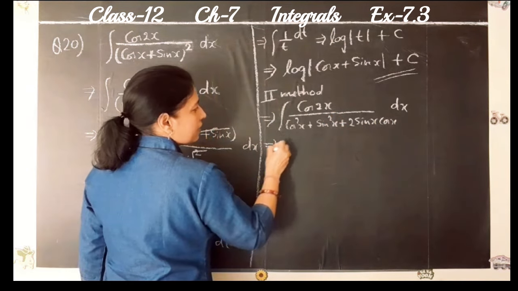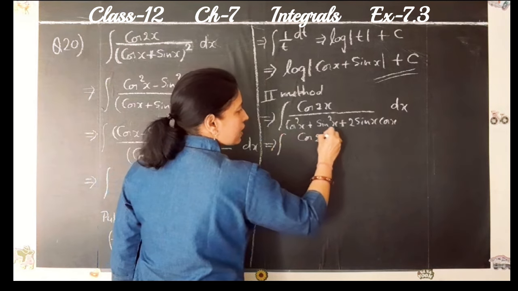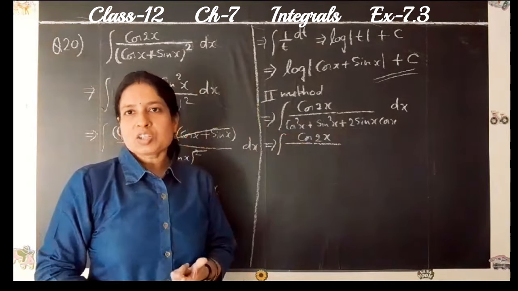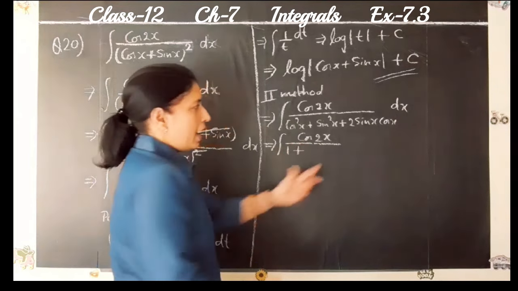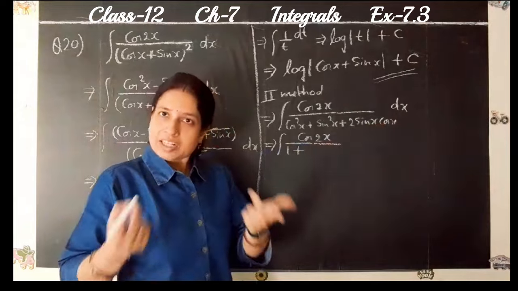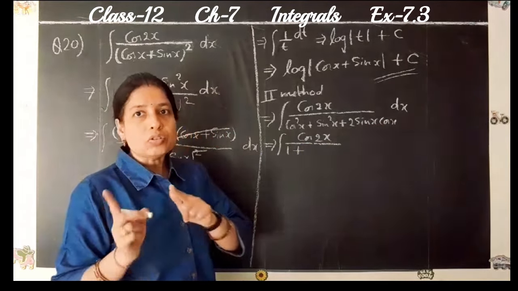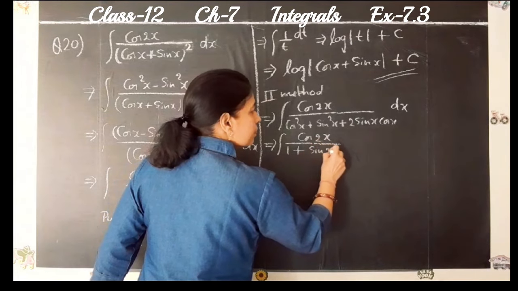Now we can write this cos 2x as it is, and cos square x plus sin square x is 1. So it will be 1. And in place of 2 sin x into cos x, we can write sin 2x, because sin 2x is equal to 2 sin x into cos x. So here it will be sin 2x dx.